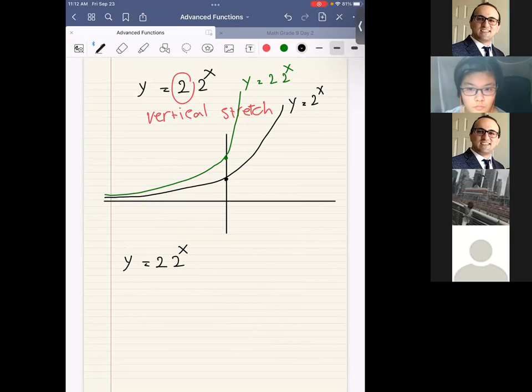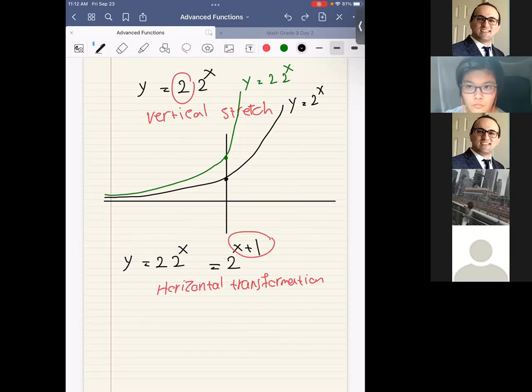It's 2 to the power 7, right? So 2 to the power 1 times 2 to the power x would be 2 to the power x plus 1. So one can say this is a horizontal transformation, which is basically a 1 unit shift, moving to the left.